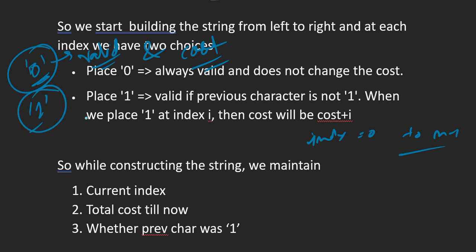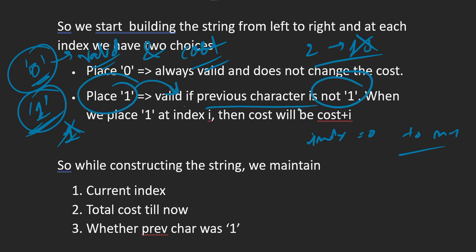And when we put 1, before putting 1 there is a condition that two consecutive ones should not be there. So before putting a 1, we have to check what was the previous character. If the previous character was a 1, then we cannot put another one. So placing 1 is valid if the previous character is not 1.